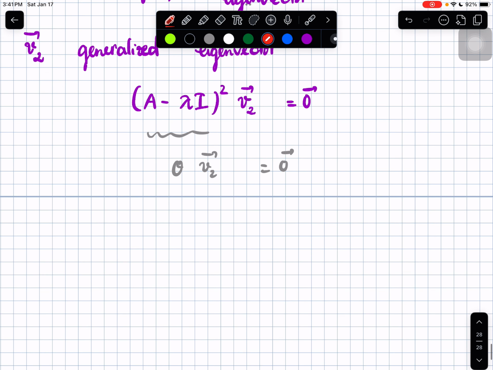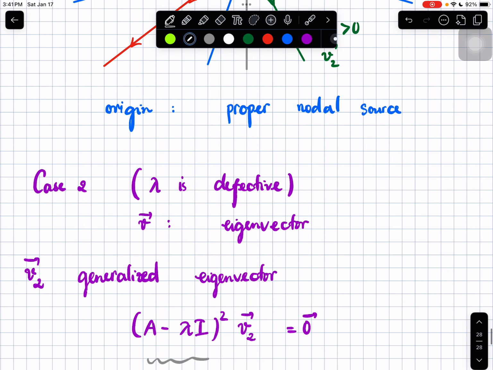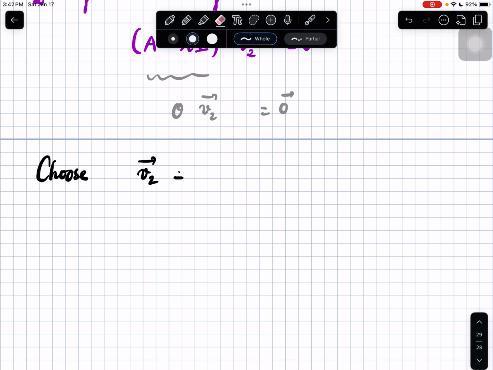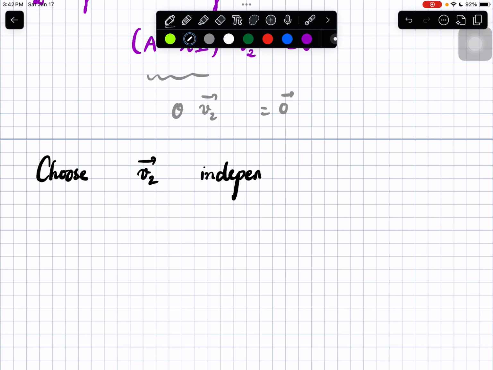So we can choose v2 so that v2 is independent from v. For example, we choose v2 to be (1, 0) or (0, 1) depending on v, linearly independent from v.